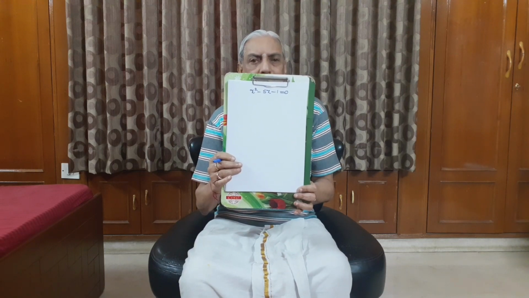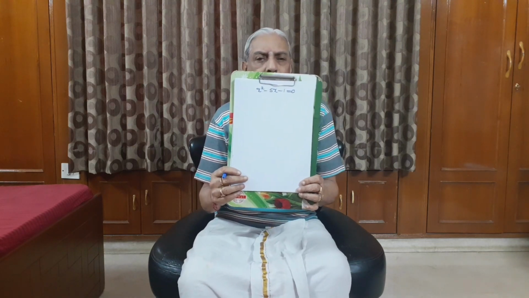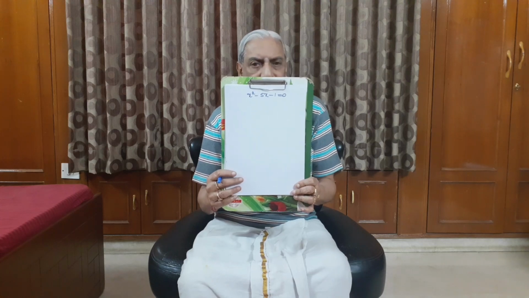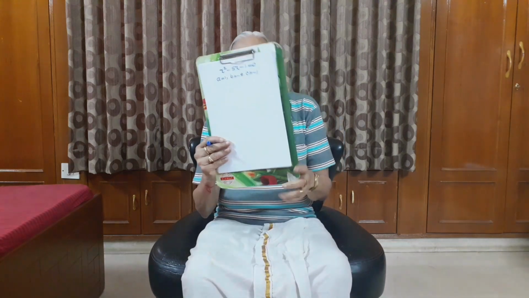b squared minus 4ac. You can find the roots using the formula, and two roots come. Here x square minus 5x minus 1, where a equals 1, b equals minus 5, c is equal to minus 1. Now I shall find the value of b square minus 4ac.